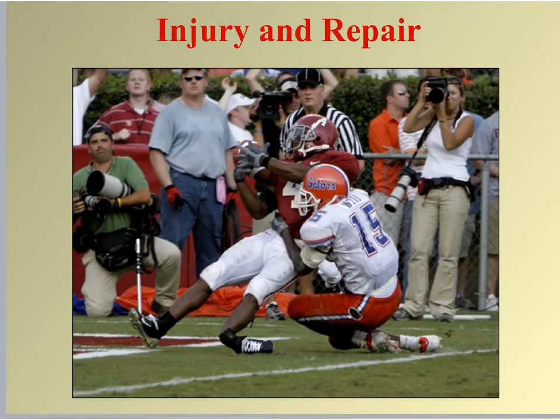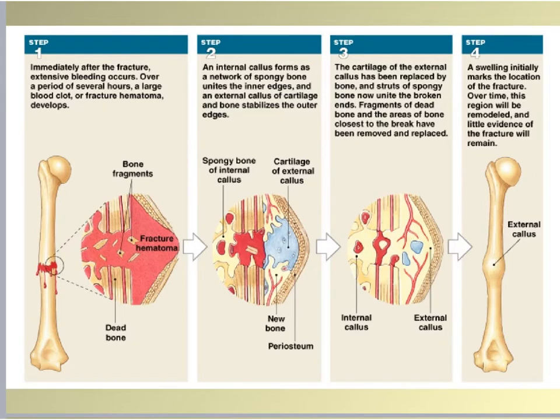So we learn about how bones grow during fetal development, but what happens when they are broken or injured? I know this is a pretty gnarly break right there. That is a break of the distal tibia and fibula, which is a pretty serious break. Not easy to do, but in sports, sometimes those things happen.